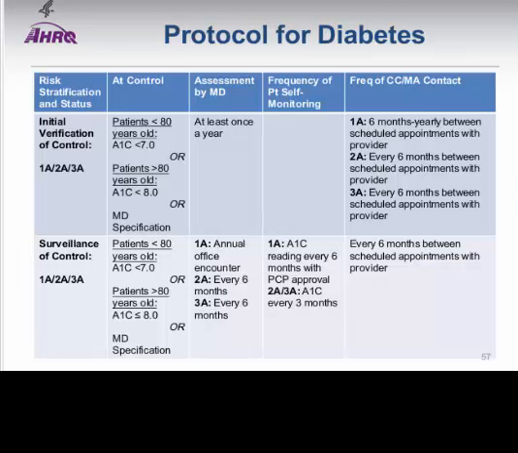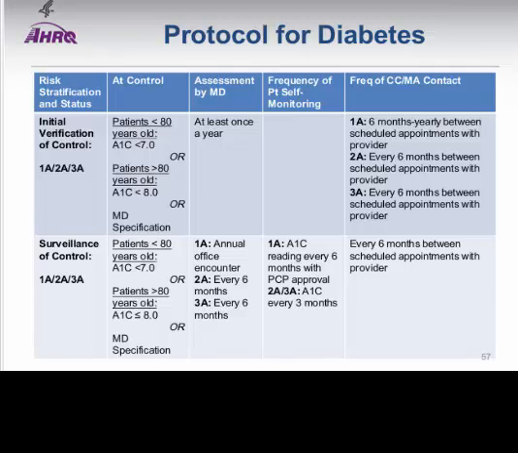On the next slide, actually the next 2 slides, this shows a protocol that's sitting underneath the technology. What this is saying is that for patients with diabetes in this program, on the left, they fall into different statuses.